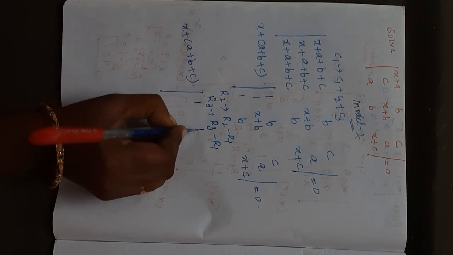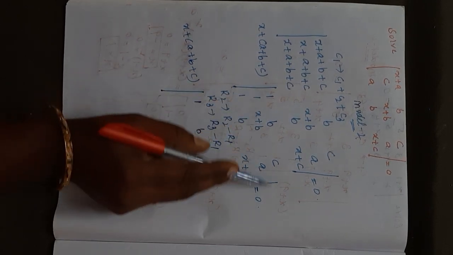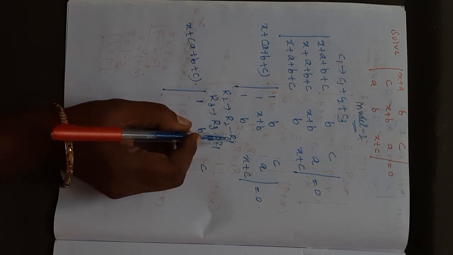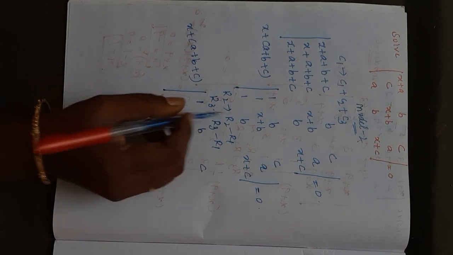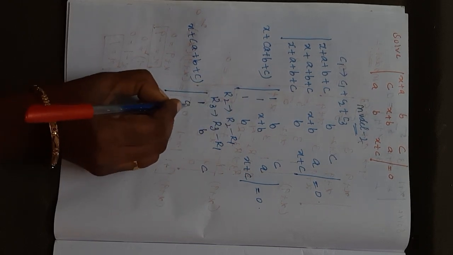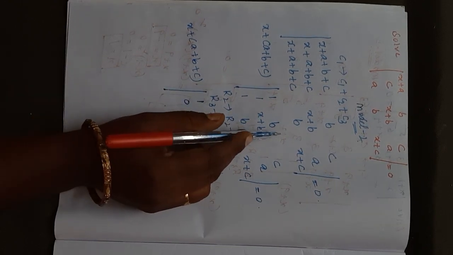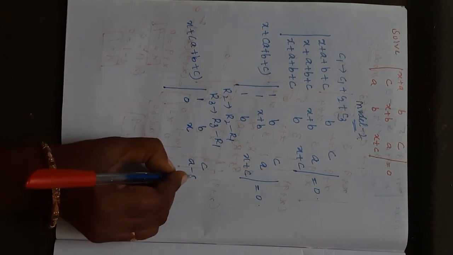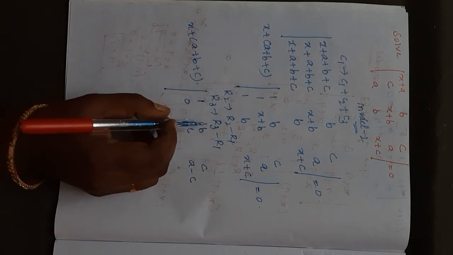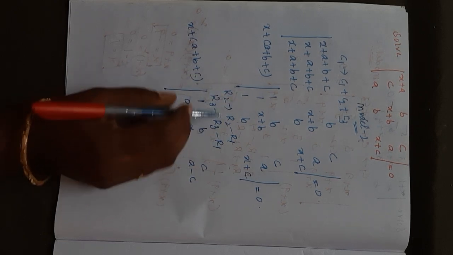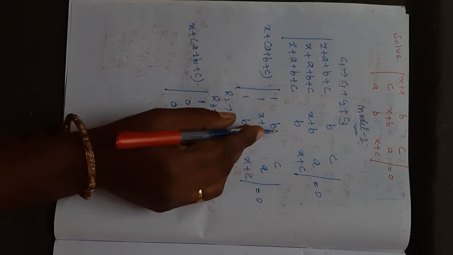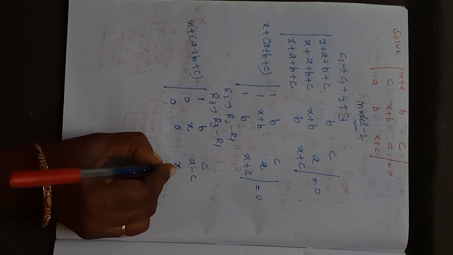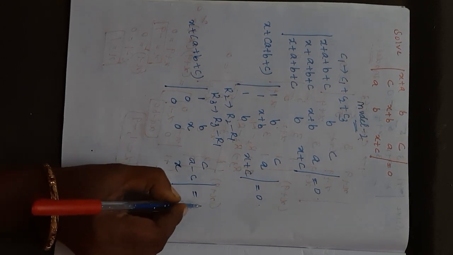So 1, b, c, రో 1 చేంజ్ అవ్వట్లేదు కాబట్టి యాస్టీస్ రాసాం. రో 2 చేంజ్ అవుతుంది, రో 2 మైనస్ రో 1 అనే ఆపరేషన్ యూస్ చేస్తే వచ్చే ఆన్సర్స్ ఇక్కడ రాయాలి. సో 1 minus 1 0, x plus b minus b will become x, a minus c is a minus c only. 1 minus 1, నెక్స్ట్ రో 3 మైనస్ రో 1 ఆపరేషన్ యూస్ చేస్తే వచ్చే ఆన్సర్స్ ఇక్కడ రాయండి. b minus b is 0, x plus c minus c is x only, which is equal to 0.